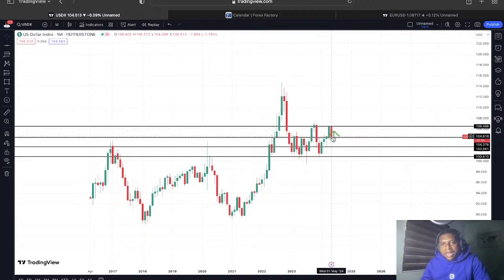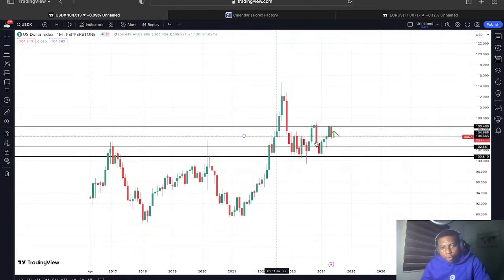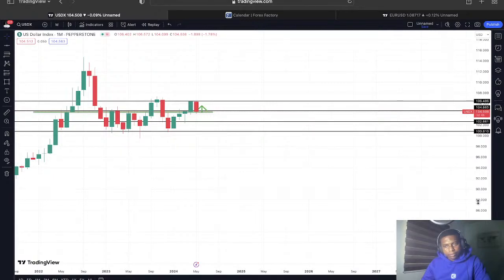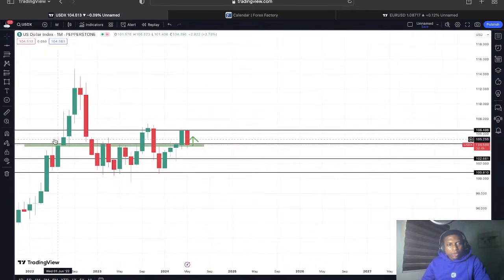That pushback is currently sitting at a major support zone. Can you see it now? Let me draw this up. We have a major support zone here.